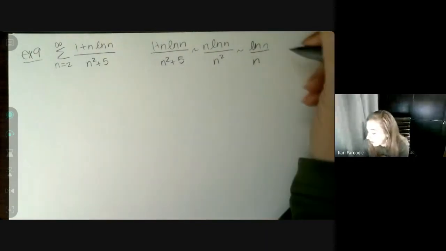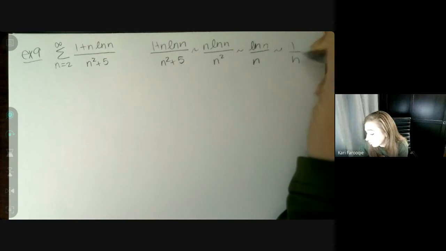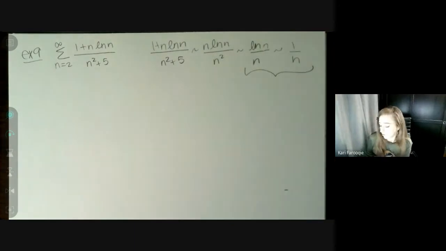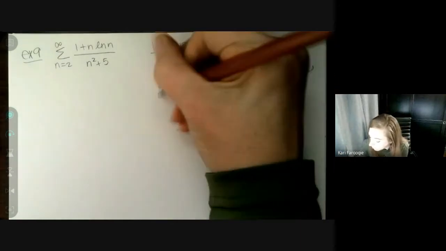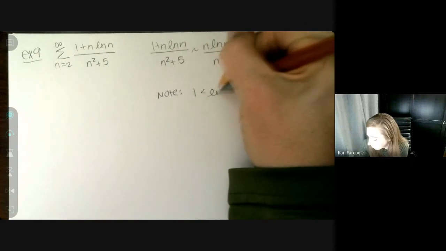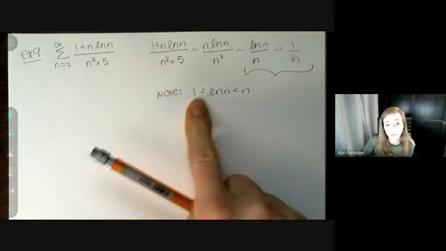So in a lot of cases, you would maybe say that this is approximately equal to 1 over n. Now, if this doesn't work, you could try something else. But you could note that the natural log of n is going to be between 1 and n.